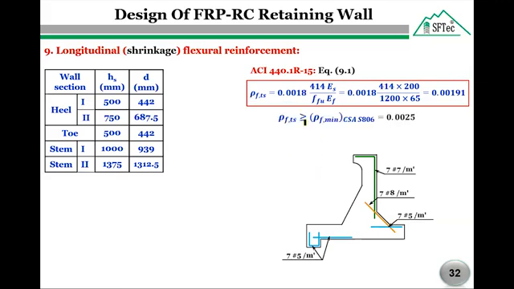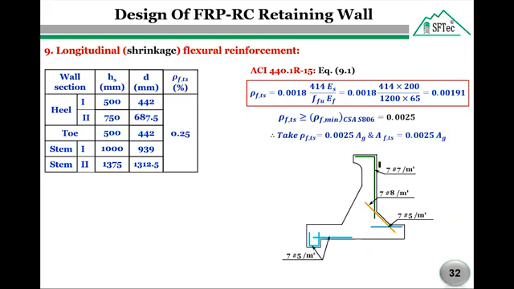However, this amount is checked with the minimum reinforcement ratio according to the Canadian standard S806. So, the shrinkage reinforcement from ACI equals 0.191% and from the Canadian standard S806 equals 0.25%. So the shrinkage reinforcement ratio will be taken 0.25% for all sections.